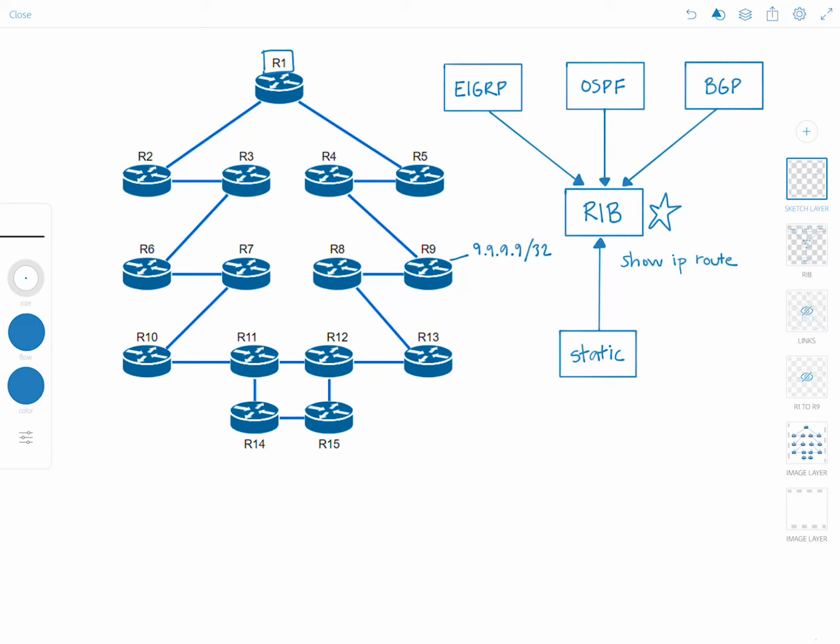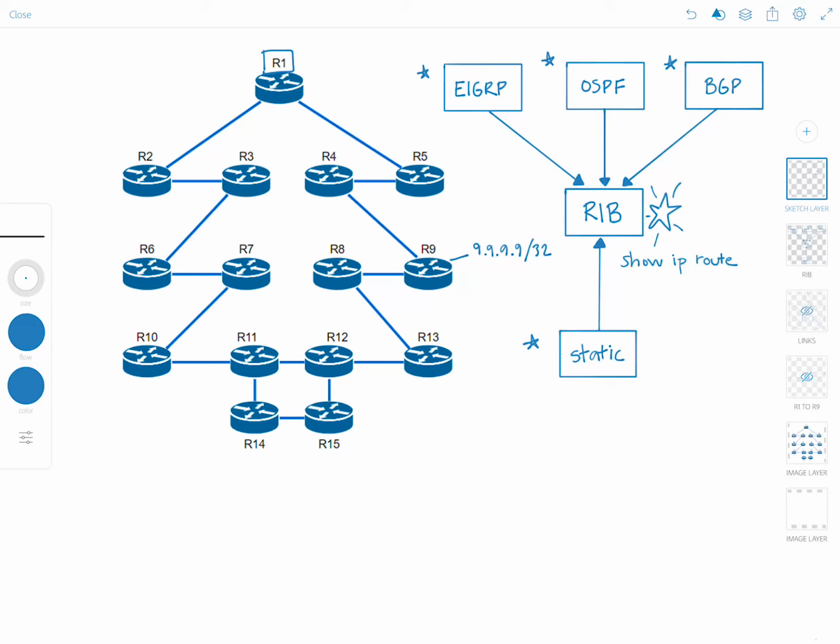And the best routes from those protocols would be installed into the routing information base, or the routing table. All of these are their own databases, and the best ones would get installed here into the routing table, the big star. Let's make it sparkly. The winners go here.